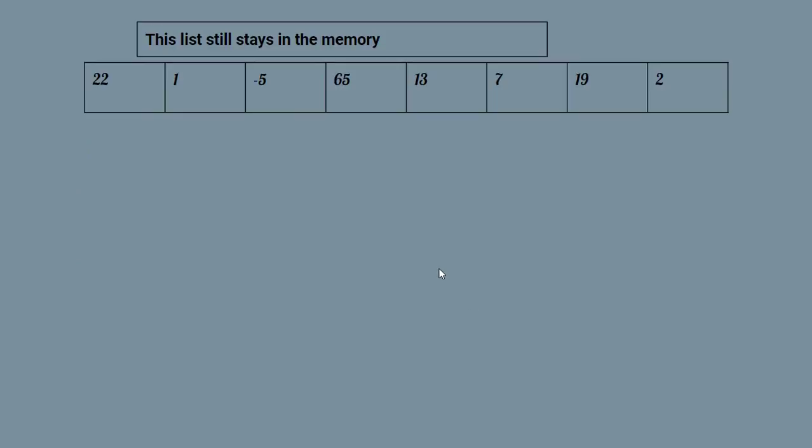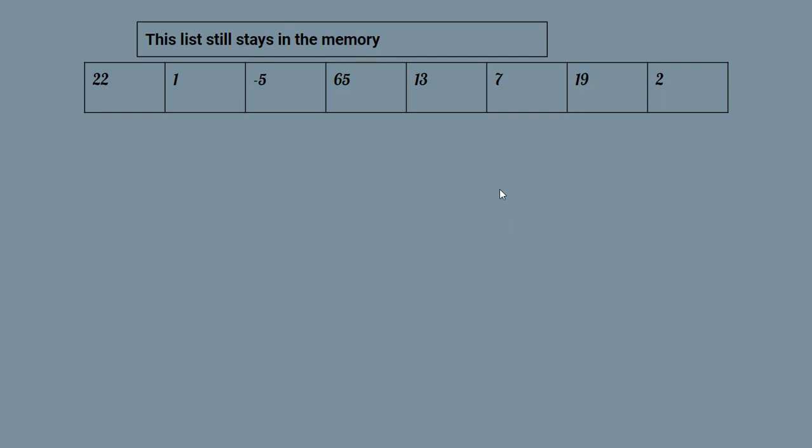And let's say we have this list and it stays in the memory, it doesn't go anywhere, and that's the problem that I was talking about, that it uses a lot of memory. If it has a very big array list, then it's still going to be saved.